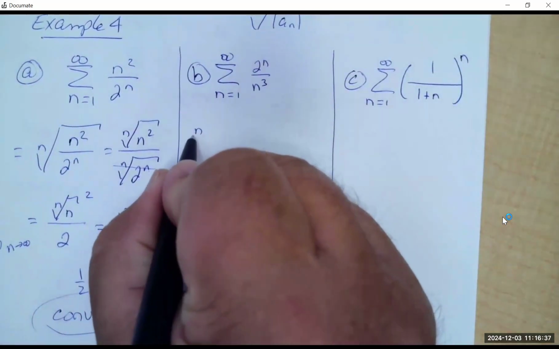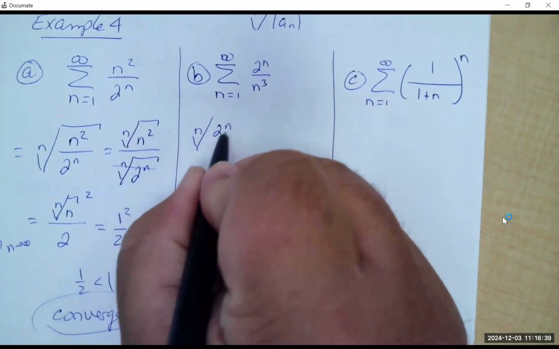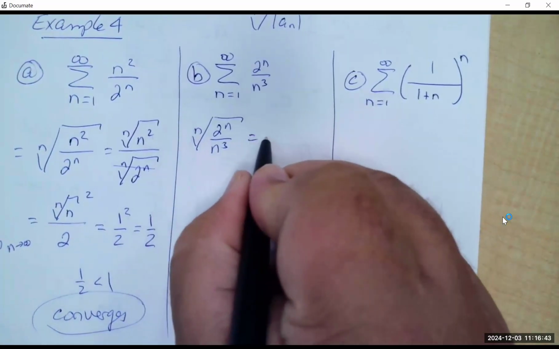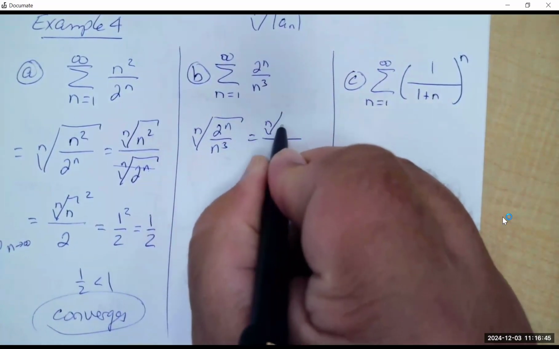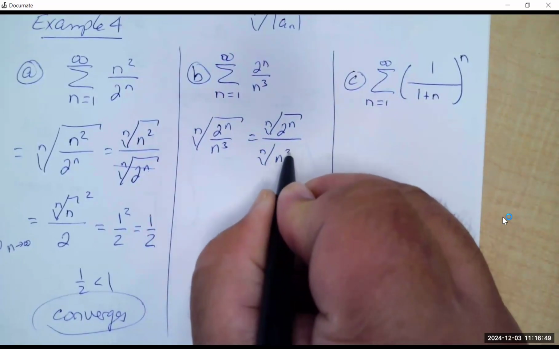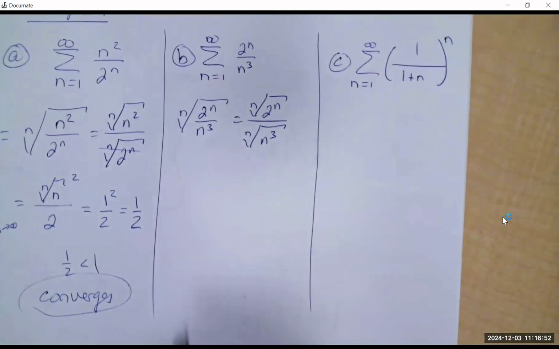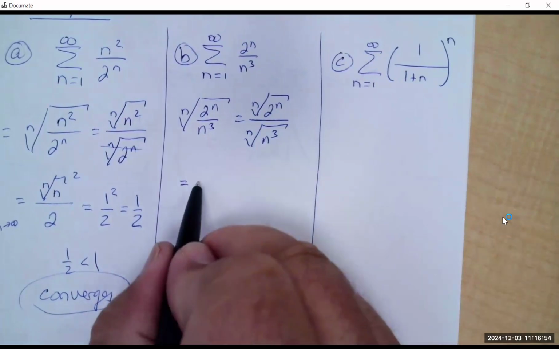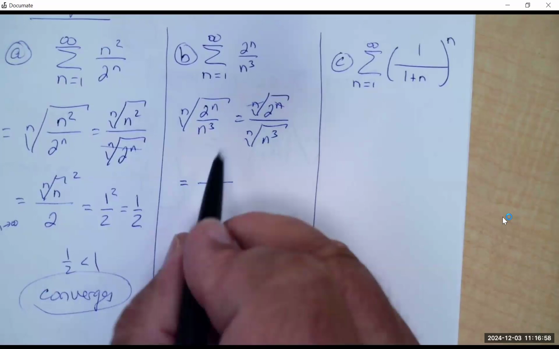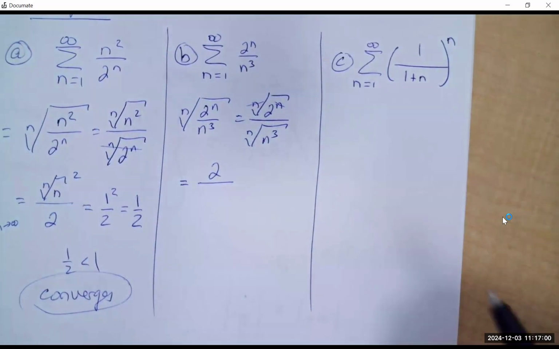So let's look at the second one. The nth root of 2^n over n^3 is equal to the nth root of 2^n divided by the nth root of n cubed. The nth root and the 2 to the power n becomes 2.